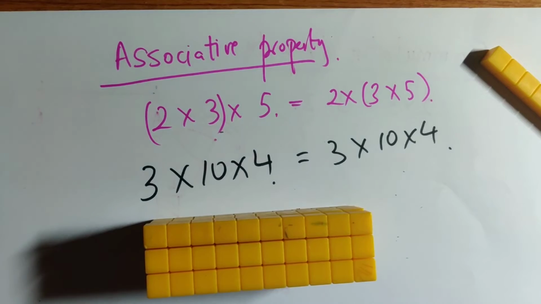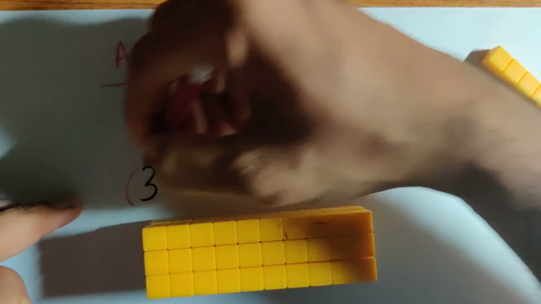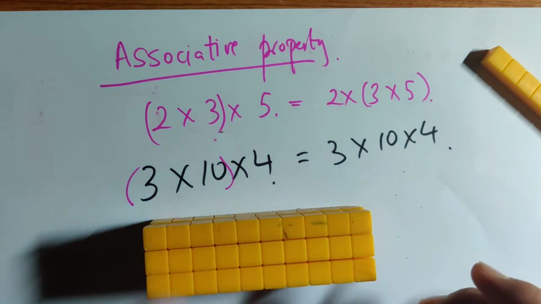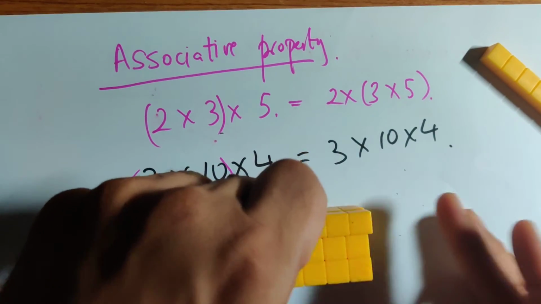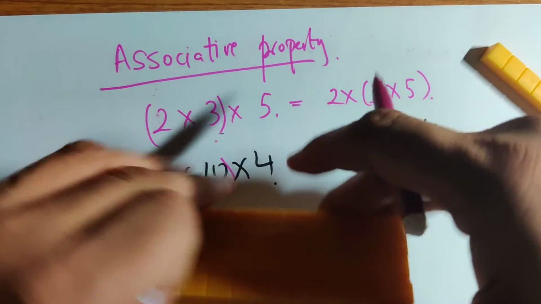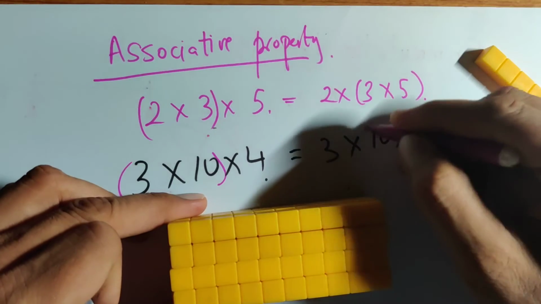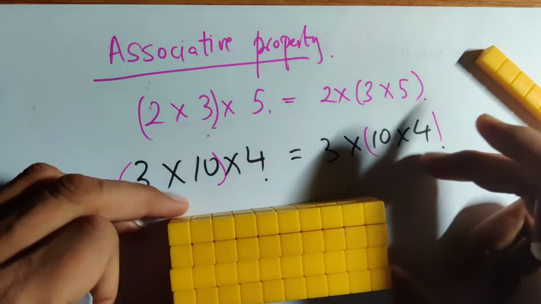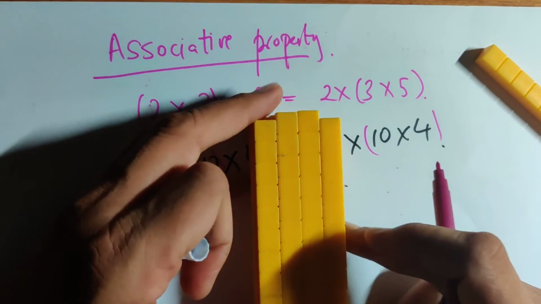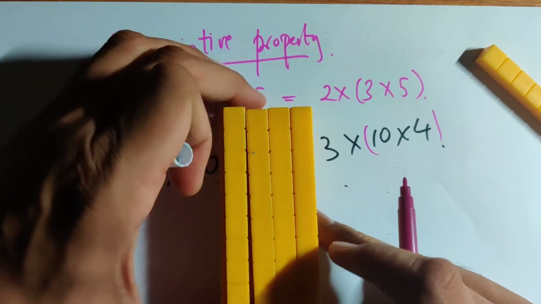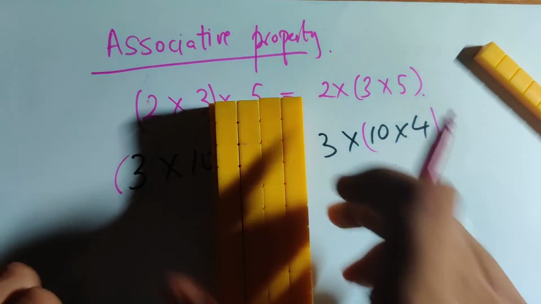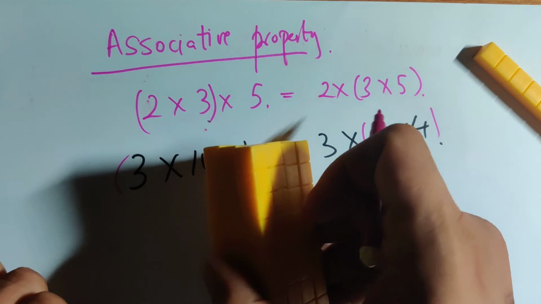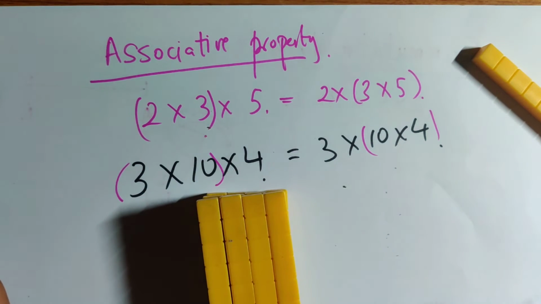Whether I do 3 times 10 get 30 and then multiply it by the height 4, or I flip it around and I do 10 times 4 first. I can even keep it like this. So 10 is first, 4 is second, and then I multiply it by 3, I will get the same volume. So that's what associative property means.